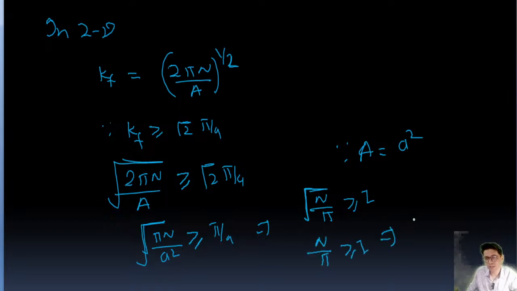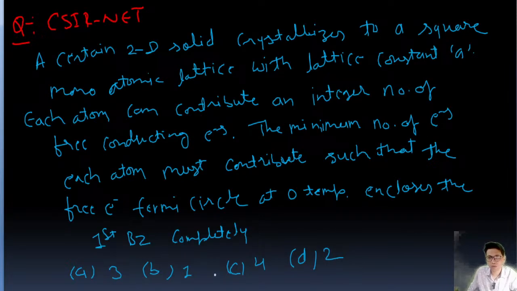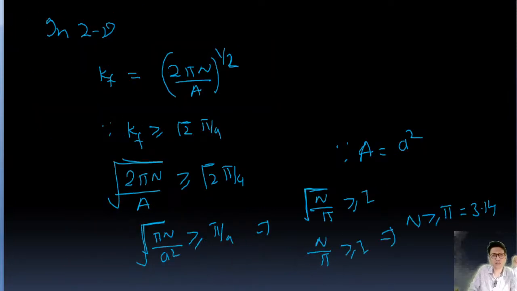That implies n is greater than or equal to π, and this value is 3.14. So n should be either 3.14 or greater than that, right? Which option is matching, guys? Option C, 4, is matching. It is either 3.14 or it should be greater than this. So this condition is very important, guys.